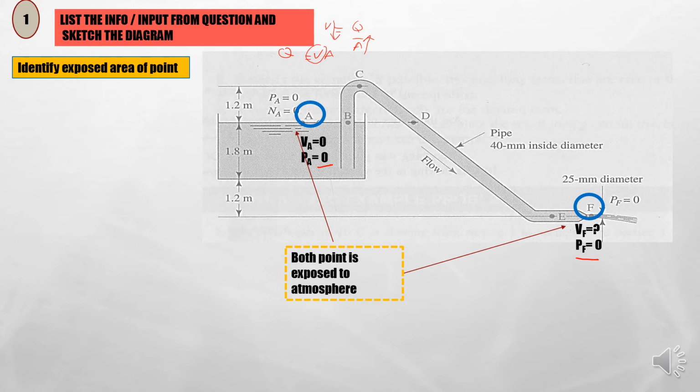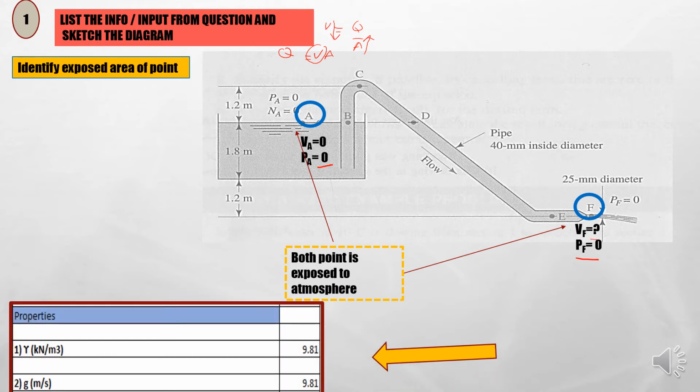However, VF we cannot assume to be 0. Just note that you don't know VF, which is why I put question marks here. The other thing is about the properties. In this question, the condition of the liquid, I mean the temperature of the water, was not provided.